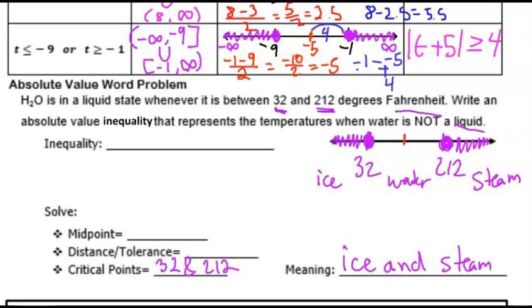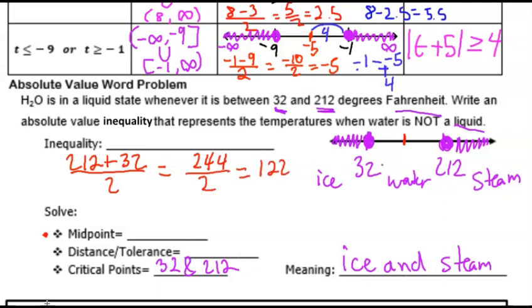To find the midpoint, we'll add the two critical points together and divide by 2. So 212 plus 32 divided by 2. Half of 244 is 122. That's our midpoint.